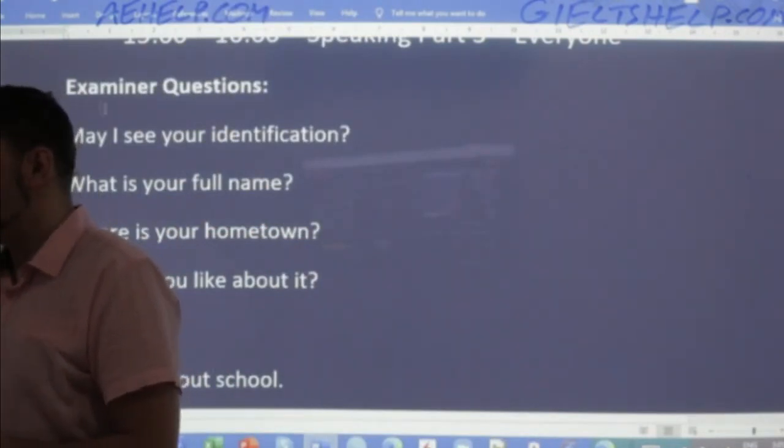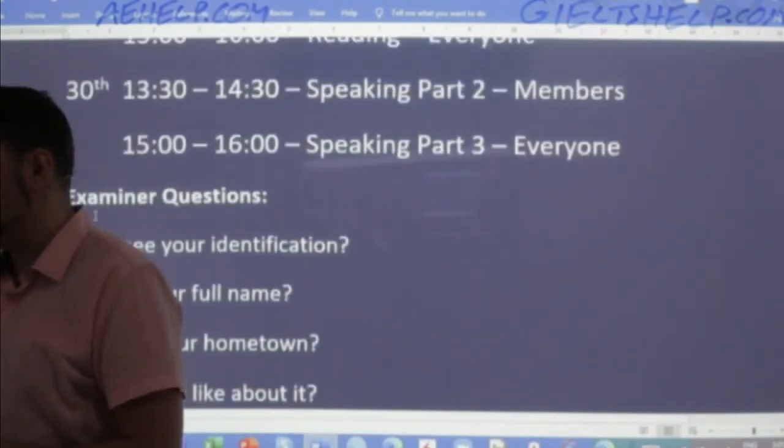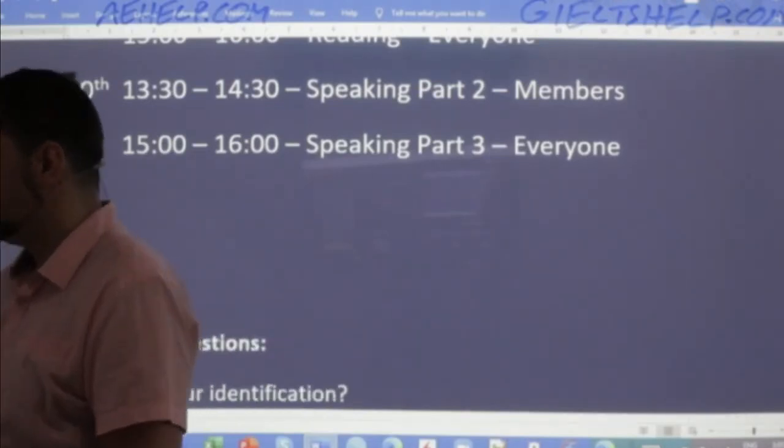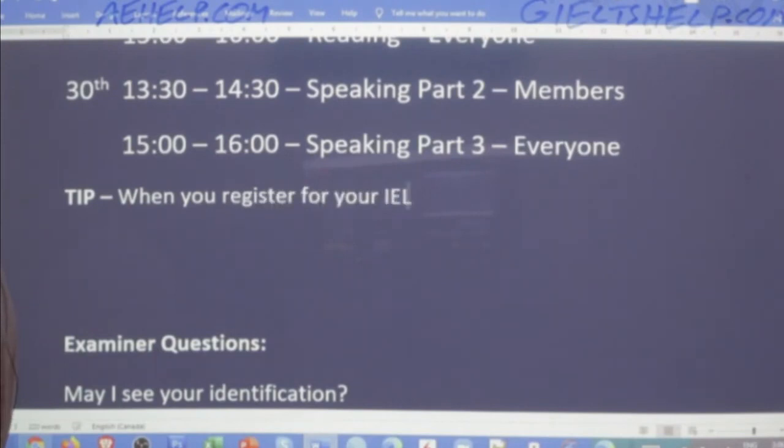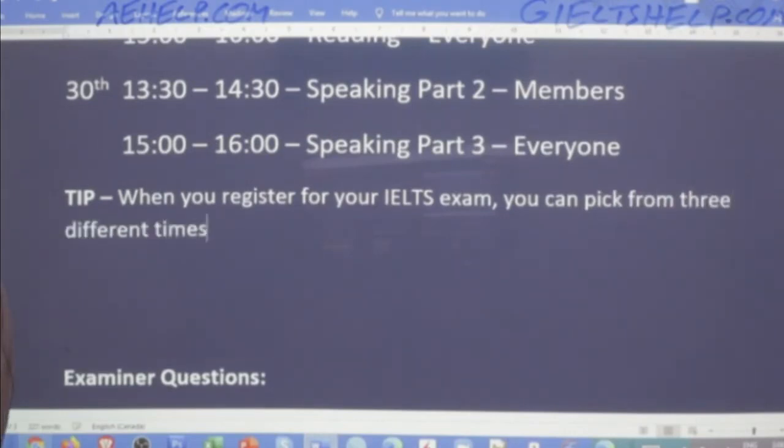If you have the chance, the best time usually, so this is an interesting tip here: when you register for your IELTS exam, you can pick from 3 different times.